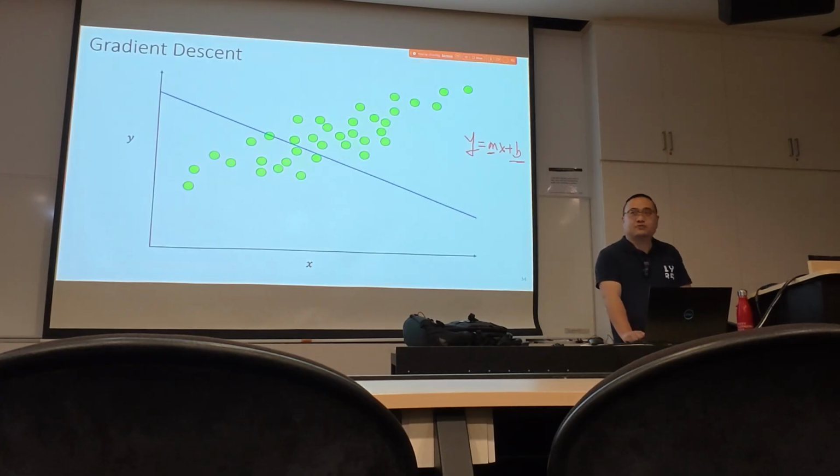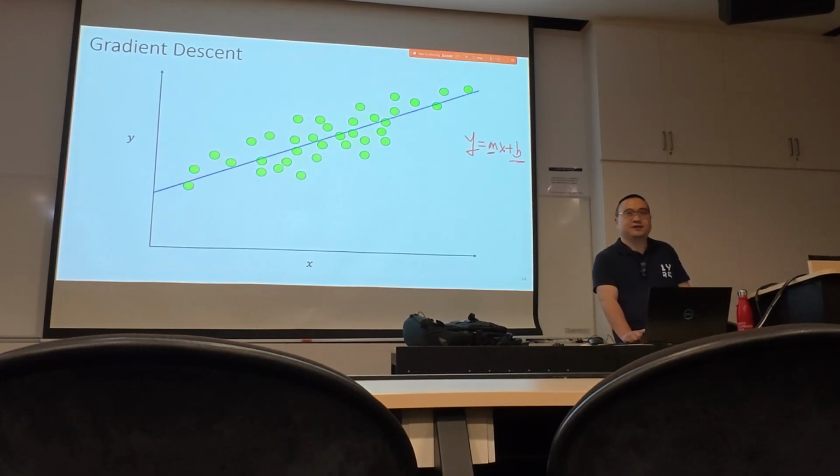Then we run the gradient descent. You can see that the line makes smaller and smaller errors on the data. At the end, we reach the minimum when we train the model. Then the training is finished, and we get the best fitting line.